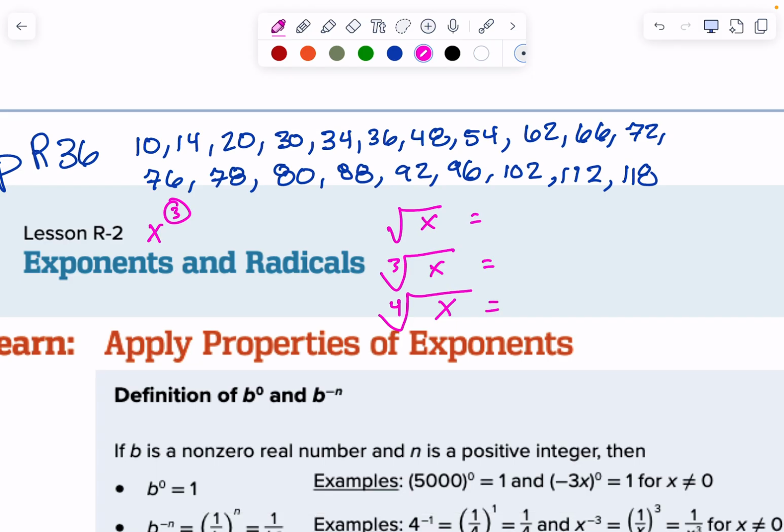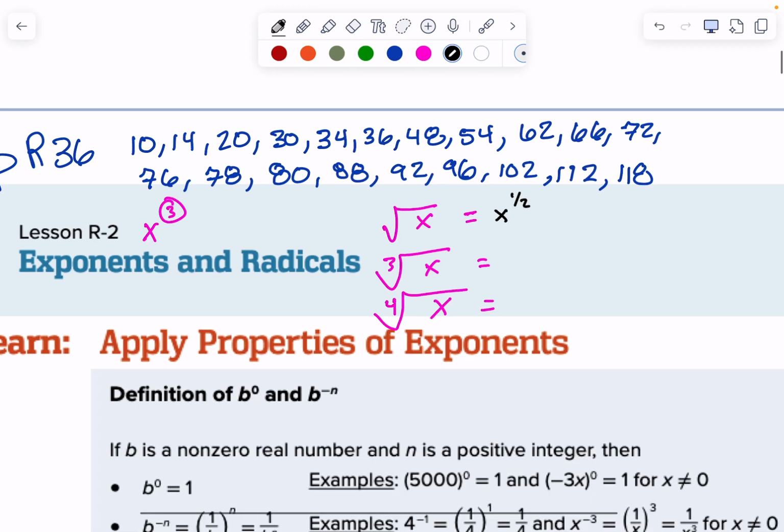What does the square root of x mean? Not x divided by x. It's x to the 1/2 power. What does the cubic root of x mean? X to the 1/3 power. The fourth root of x? X to the 1/4 power.